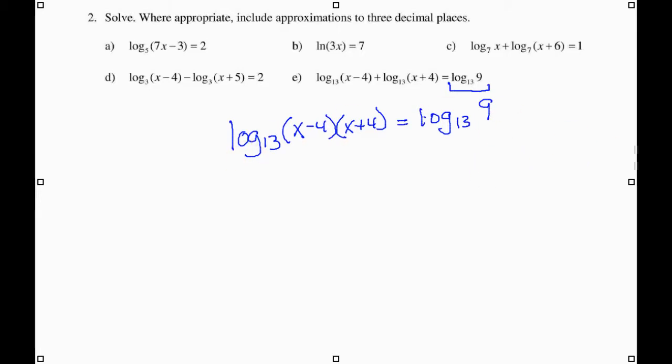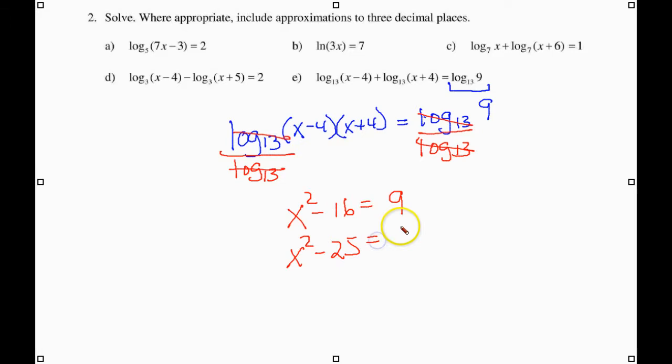And since this is an equation, what we can do here is divide out log base 13 on both sides. So these now cancel out. We FOIL this and get the difference of perfect squares. We then transpose this and get x squared minus 25 and factor that.